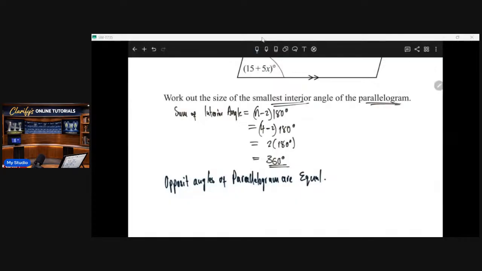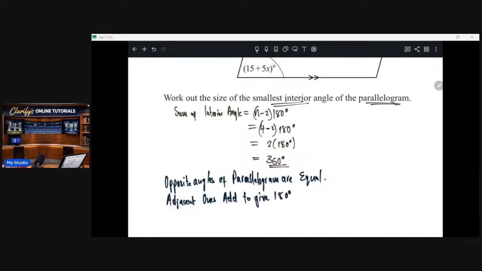And now you can say adjacent ones, the ones next to it, add to give 180 degrees.